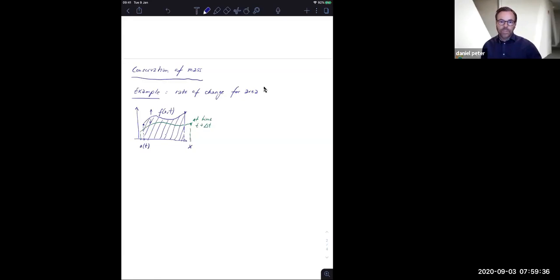The start position is also a function of time, a of t, and this would be b of t. So if you want, this would be xa, xb, which is itself a function of time, because the function is allowed to change. So at some point, these boundaries are allowed to move as well with time.